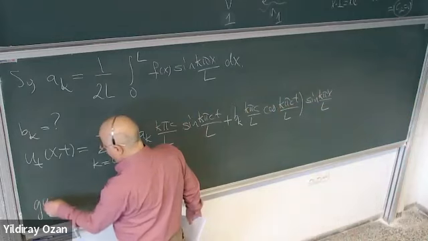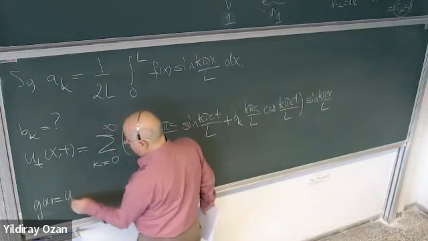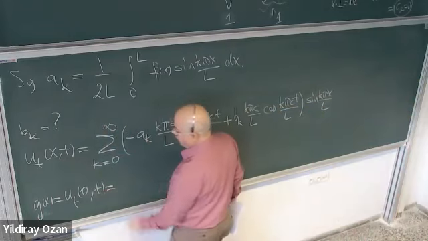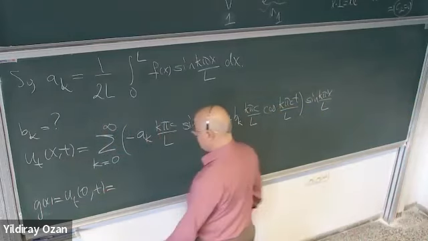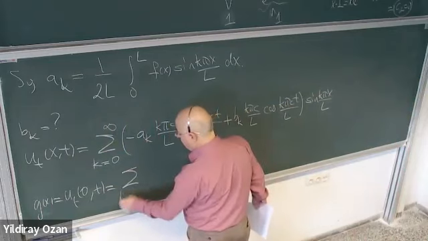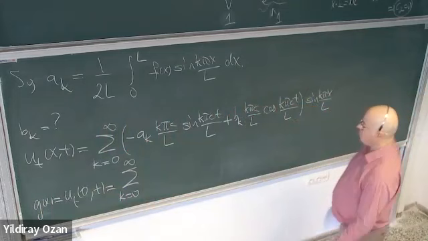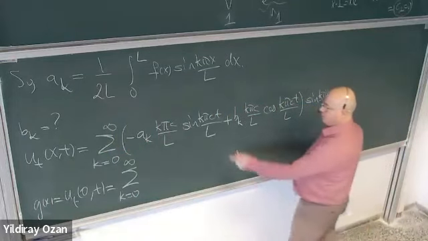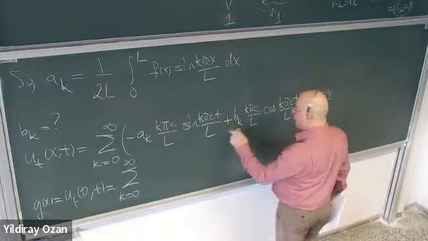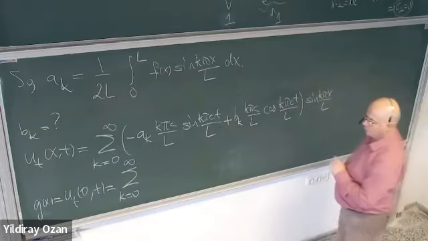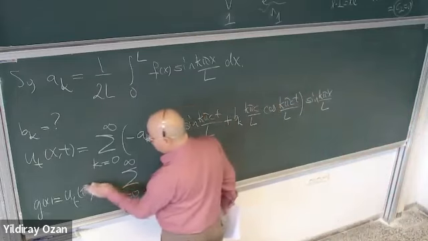And then we have the initial condition. When I plug in, we get g(x). Pardon, I wrote this wrong.